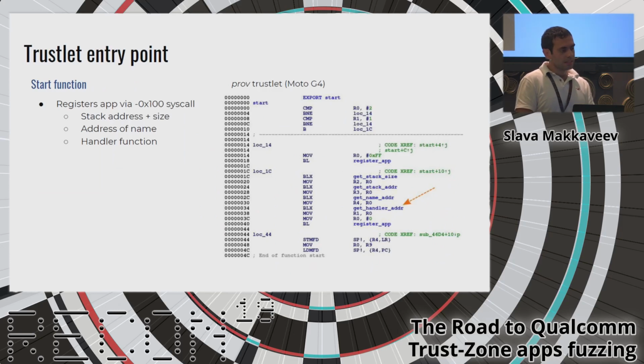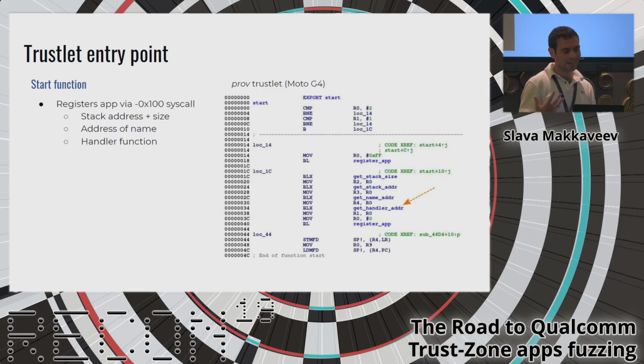So let's take a closer look at the trustlet's code. We need to find some function which we are going to fuzz. And there are three major functions in each trustlet. The start function at offset 0 will be called by QCOS after verification and loading of the trustlet in memory.